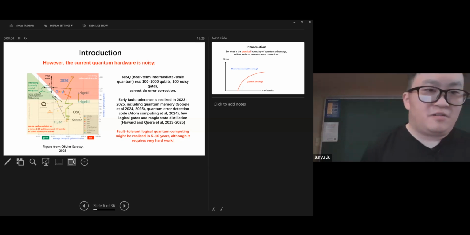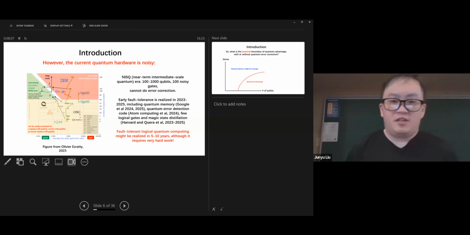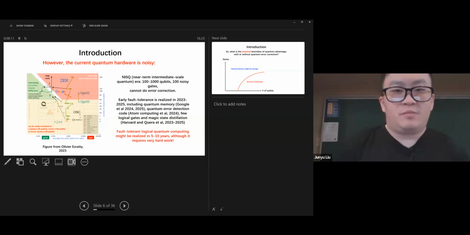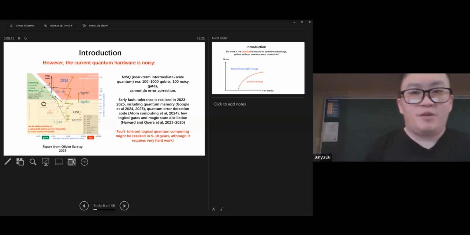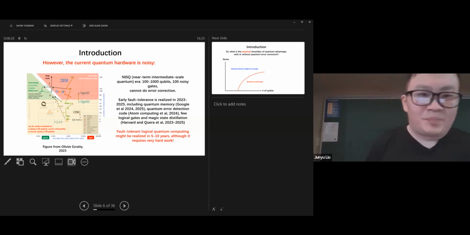However, it is still very challenging at this moment to improve the gate fidelity and the quality of a stable quantum memory. These are challenging tasks that people want to figure out, especially about hardware.